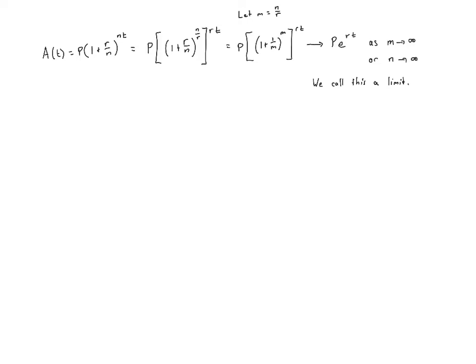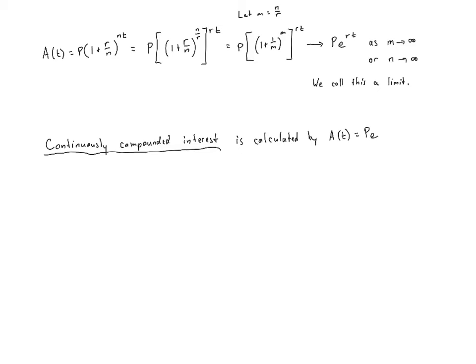So let's write this out. Continuously compounded interest is calculated by A of t equals p times e to the rt, where p is still the principal, r is the annual interest rate as a percent, t is the time in years, and e is the number that we defined in a previous lesson.